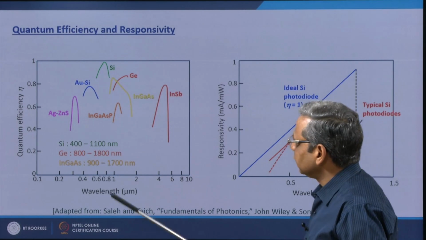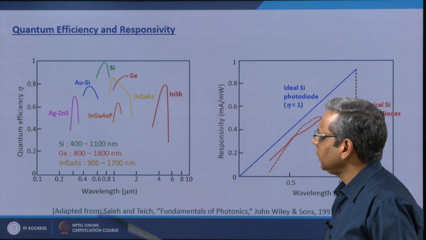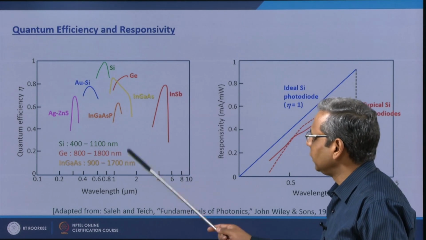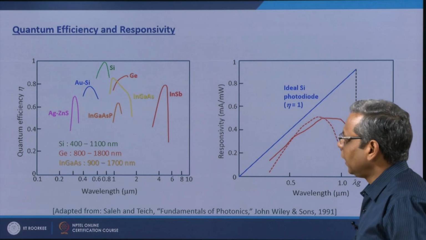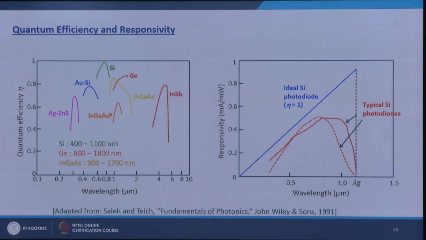For example, silicon can work from 400 nanometer to 1100 nanometer, germanium from 800 nanometer to 1800 nanometer, and indium gallium arsenide from 900 to 1700 nanometers. This is the responsivity of silicon. This corresponds to eta equal to 1, which is the ideal photodiode, and this is a typical silicon photodiode.